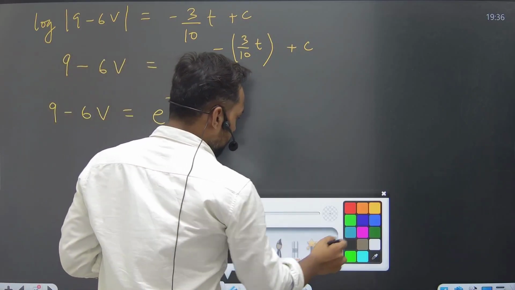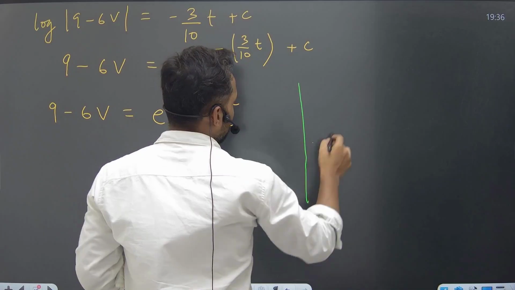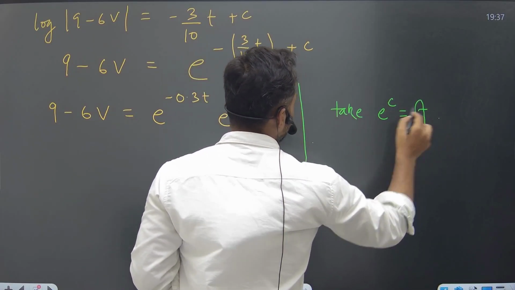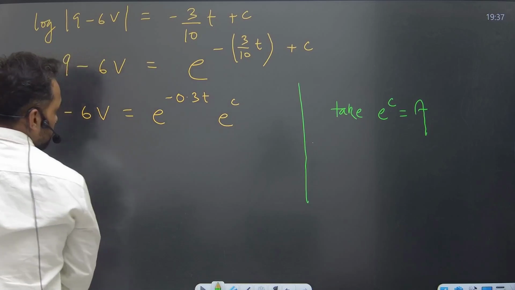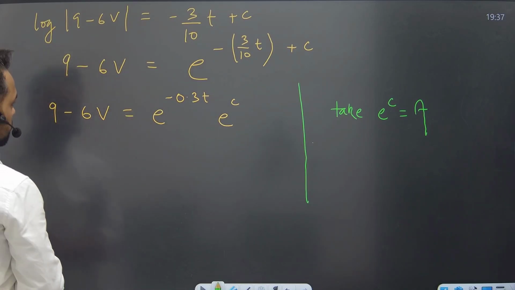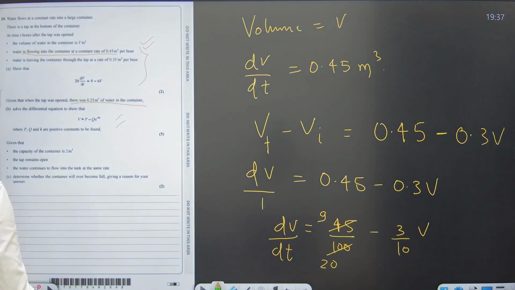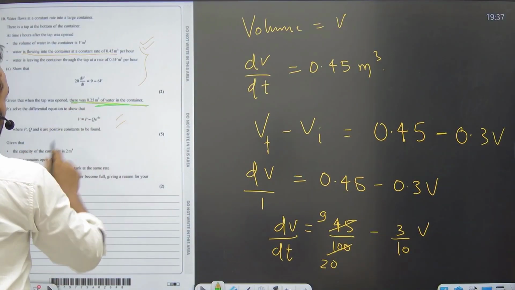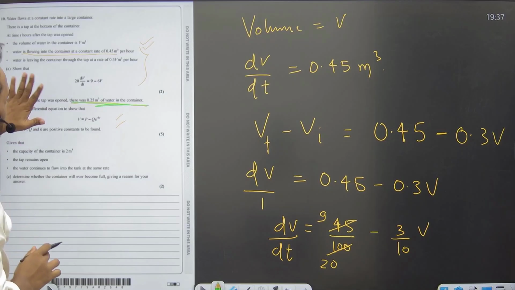Now if I take e to the power c as a, and in the question itself it is mentioned that the volume of the water in the container was 0.25 and the tap was opened.